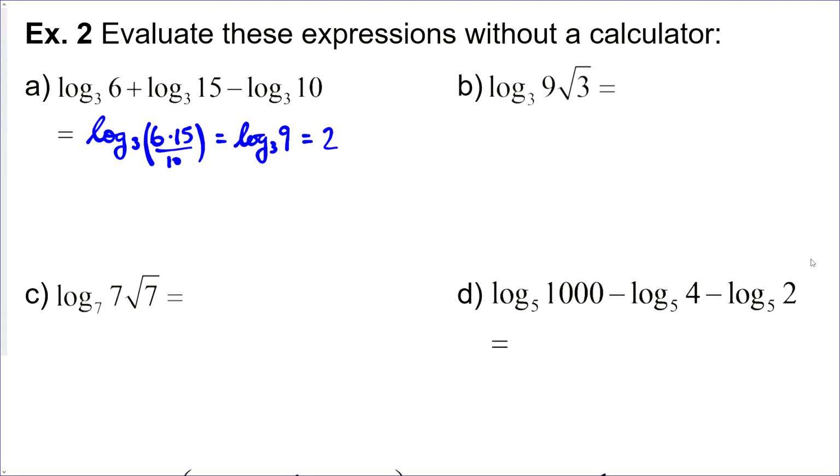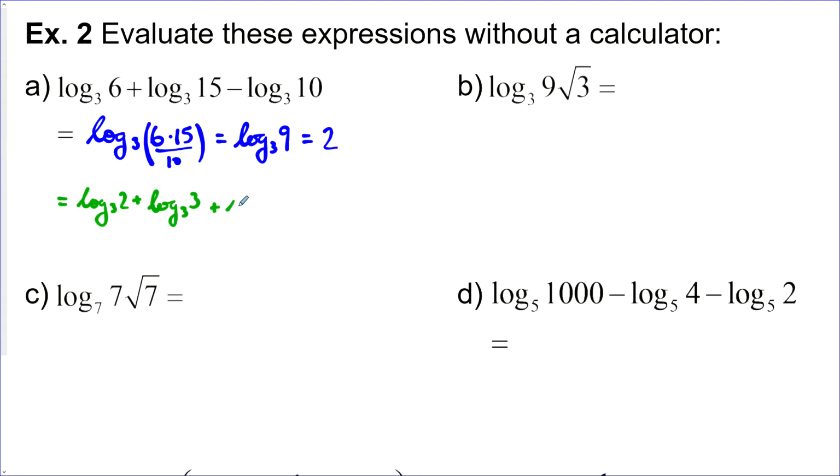Another way to do it is to break it all apart. So somebody else did this. You know 6? 6 is 2 times 3, so I could actually do that. I could say that this is log base 3 of 2 plus log base 3 of 3. Okay, because 2 times 3 gives me the 6. Now I can break apart 15 and 10 as well.